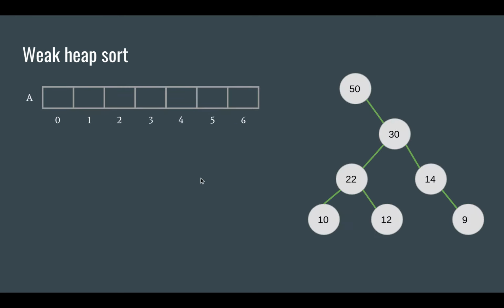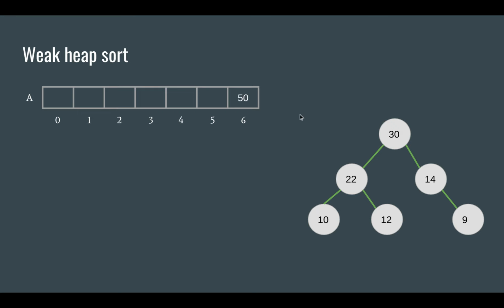So here is an example. This is a weak heap, and we took an array which is the same size as the number of nodes here. First we take the root value and put this value in the last position of this array.